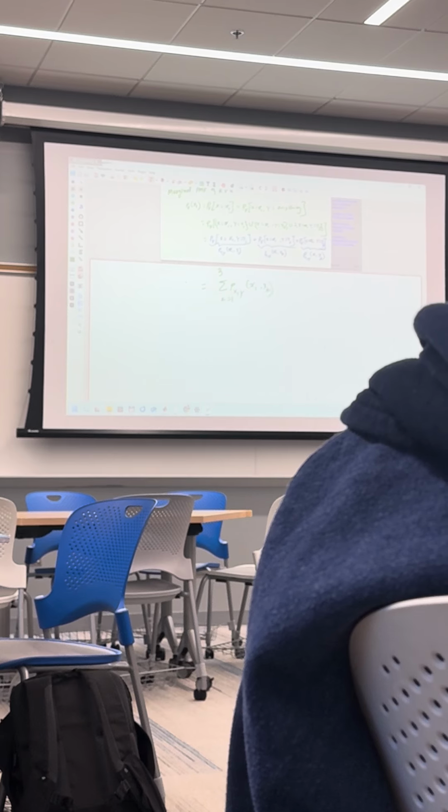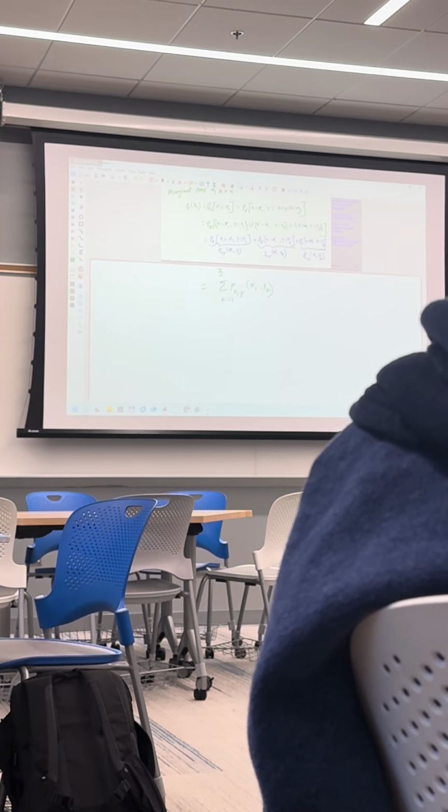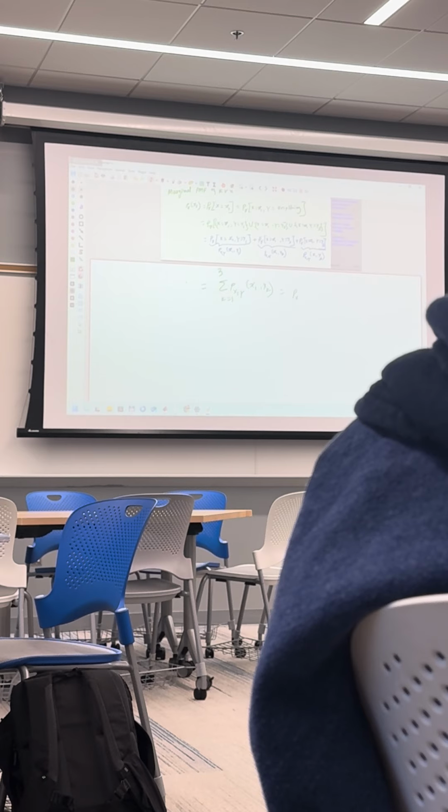You can write it directly in the form of summation, but I expanded it so that it is easier for us to understand. So it is basically the joint PMF of random variable X, Y taking value x1.